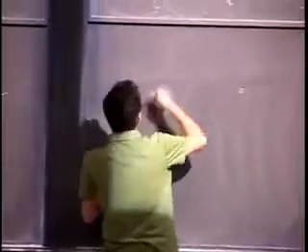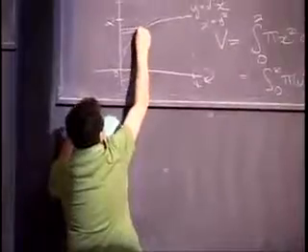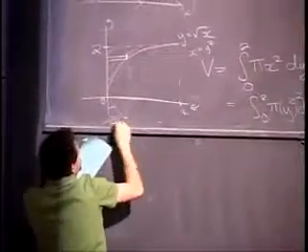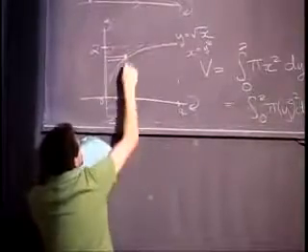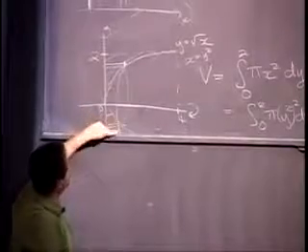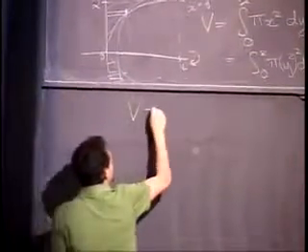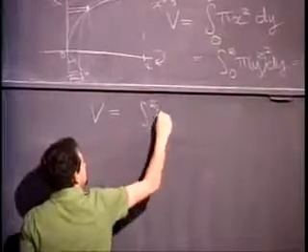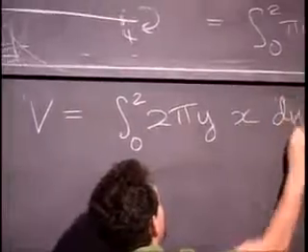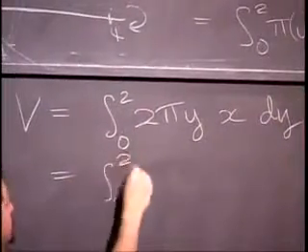And we would use the shell method now, because now the thin bit is perpendicular. And indeed, if you drew one little shell, it's going to look something like this. So that's what you get when you take that strip and revolve it around, this time the x-axis. So, again, integrals from 0 to 2, switch x and y, 2 pi y x dy. x is equal to y squared.